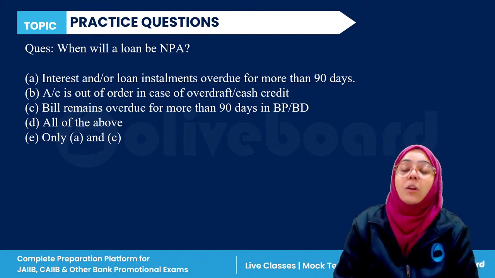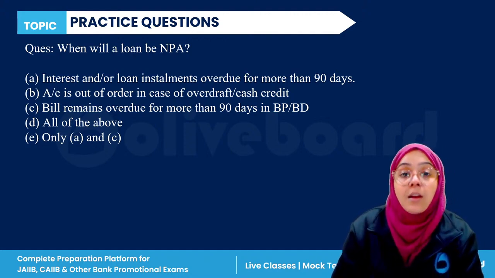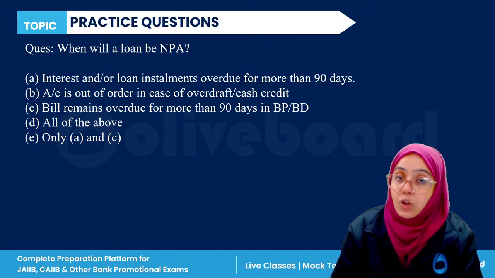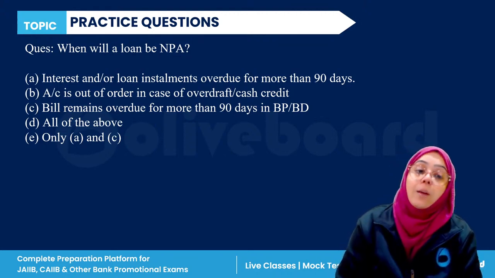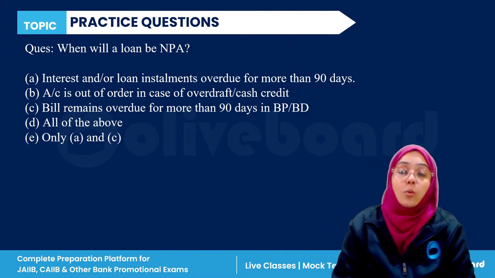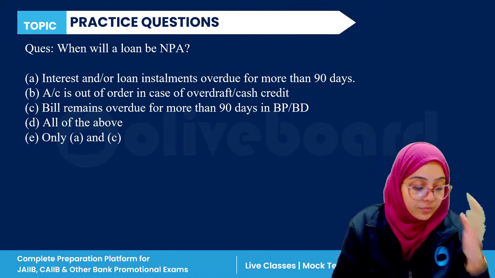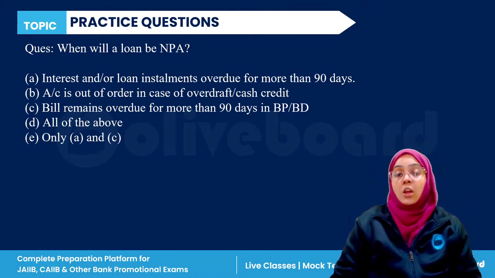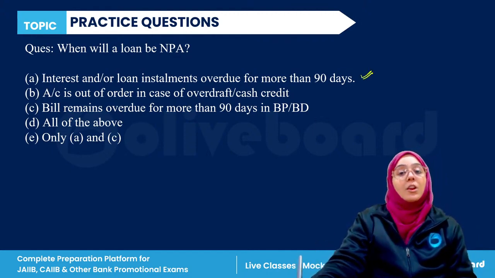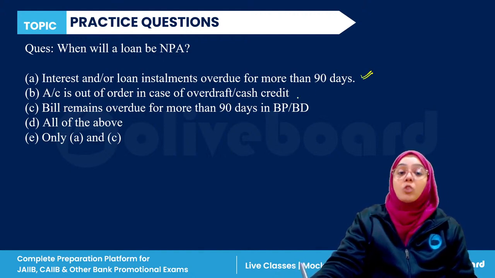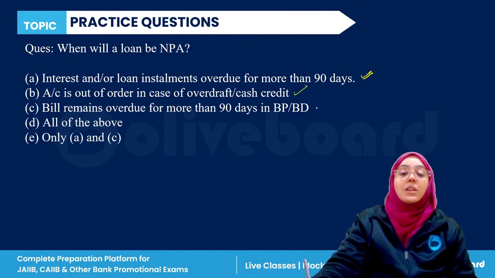Interest or loan becomes overdue for more than 90 days; account is out of order in case of overdraft or cash credit; in case of overdraft or cash credit, bills remain overdue for a period of more than 90 days; all of the above; or only A and C. A loan becomes a non-performing asset when the interest on the loan amount is overdue for a period of more than 90 days, the account is out of order in case of overdraft and cash credit, or bills remain overdue for more than 90 days.